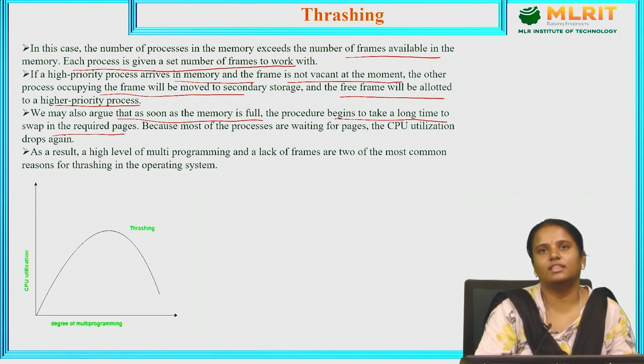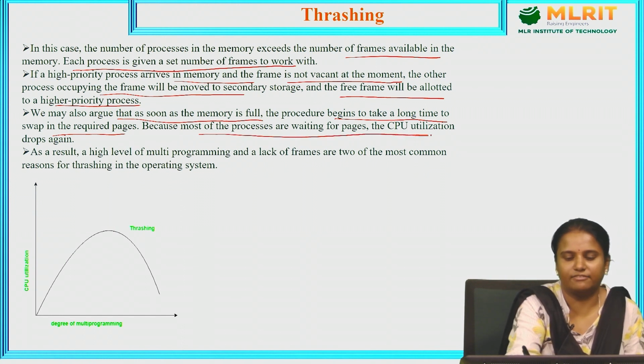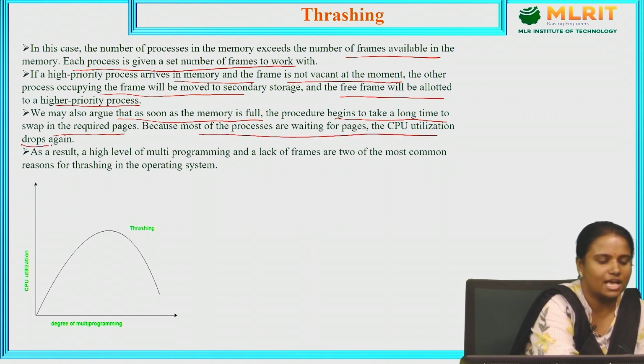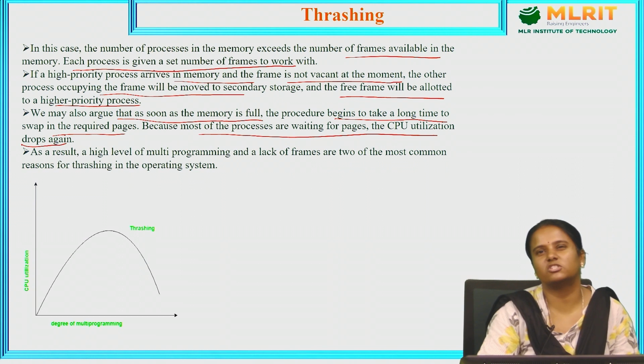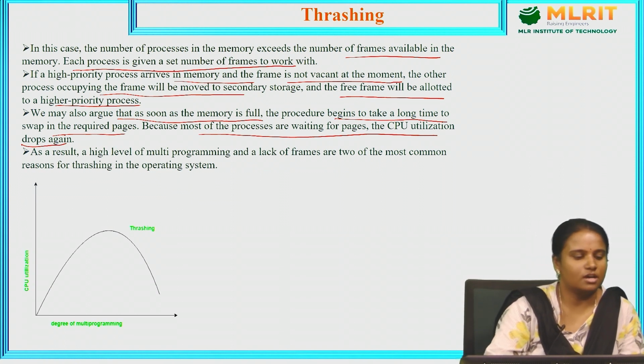So based on the pages, we swap the required page using the page replacement algorithm. Because most of the processes are waiting for pages, the CPU utilization drops again. Until a page is replaced with another page, the waiting pages cannot be inserted. This is why the CPU utilization drops down.